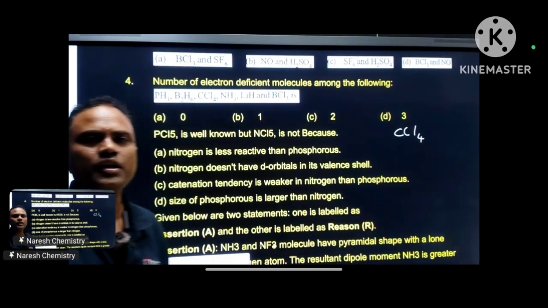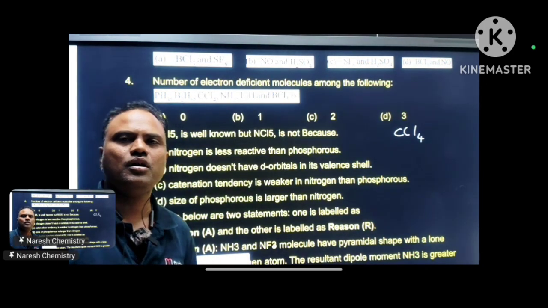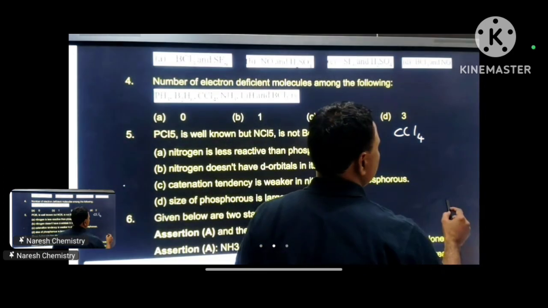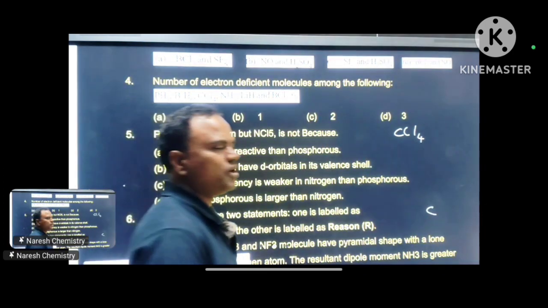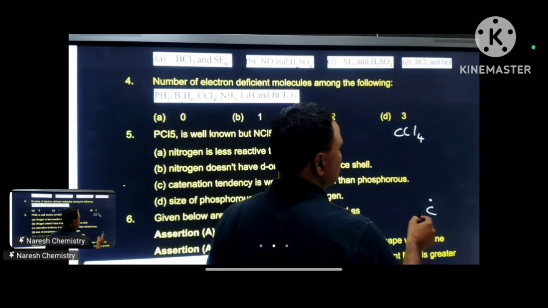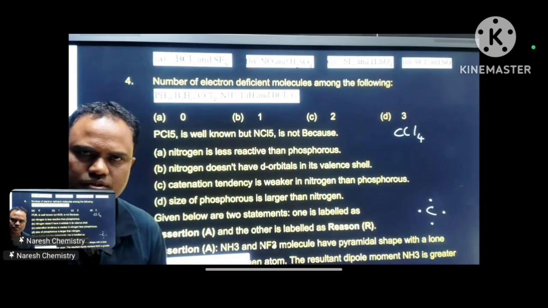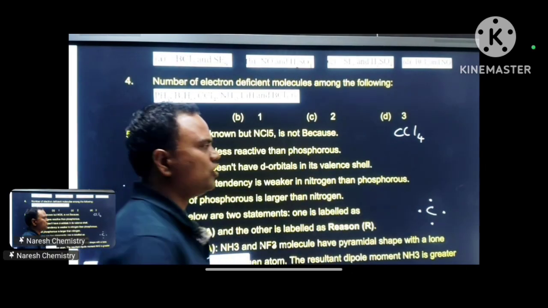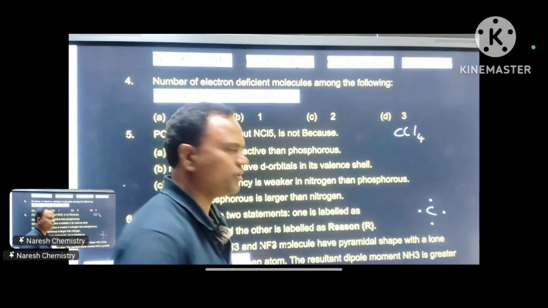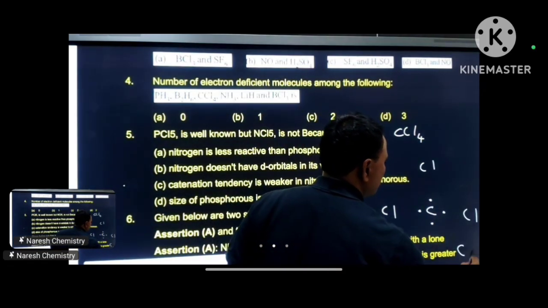What is the central atom, girls? Carbon is the central atom. So carbon is followed by 4 dots, because carbon belongs to the fourth group. Next, the surrounding atoms are halogens. How many halogens do we have? 4 halogens.